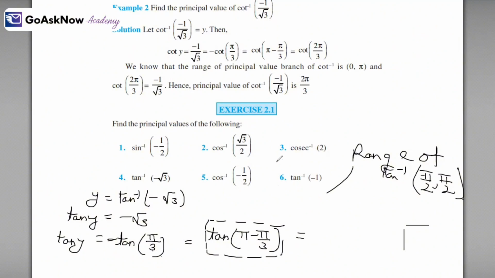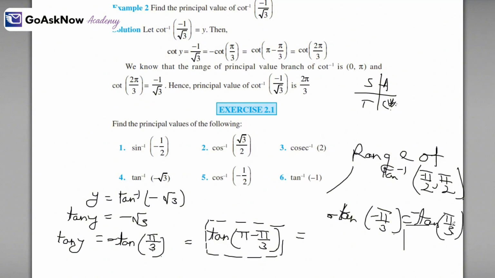So I can write, if you see ASTC, if I take the third quadrant, tan of minus theta is equal to minus tan theta. So tan of minus pi by 3 will be equal to minus of tan pi by 3.